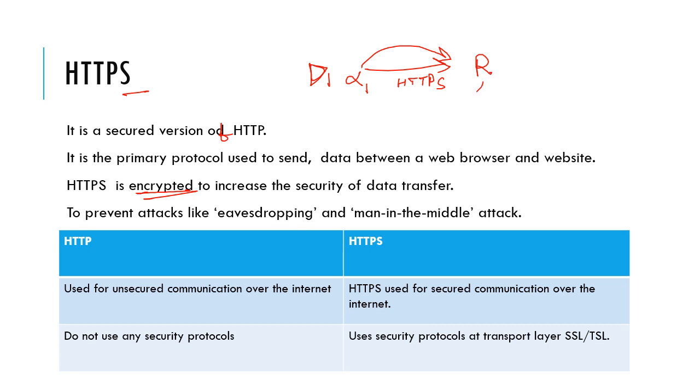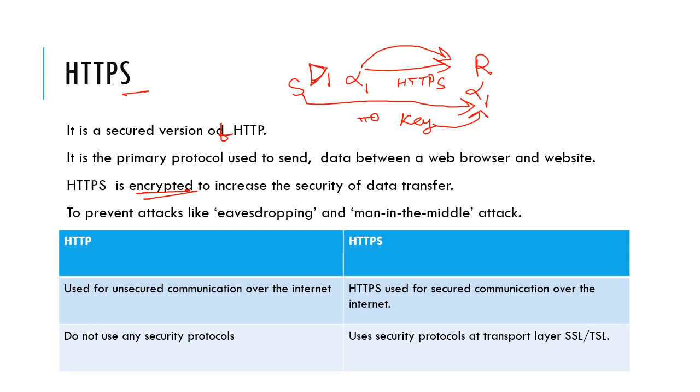So he will receive alpha 1, but the sender will also send a key, or rather let's make a key. This key will be used to interpret what alpha 1 is. This alpha 1 is not readable.